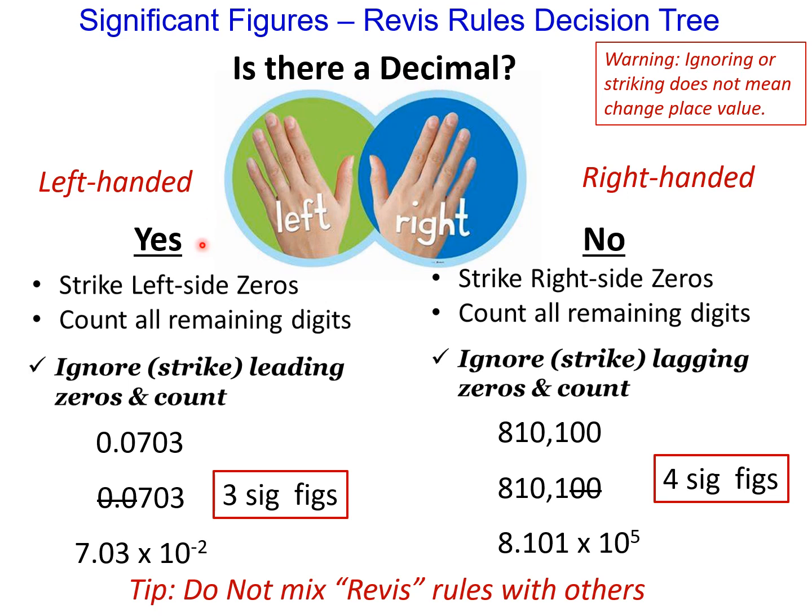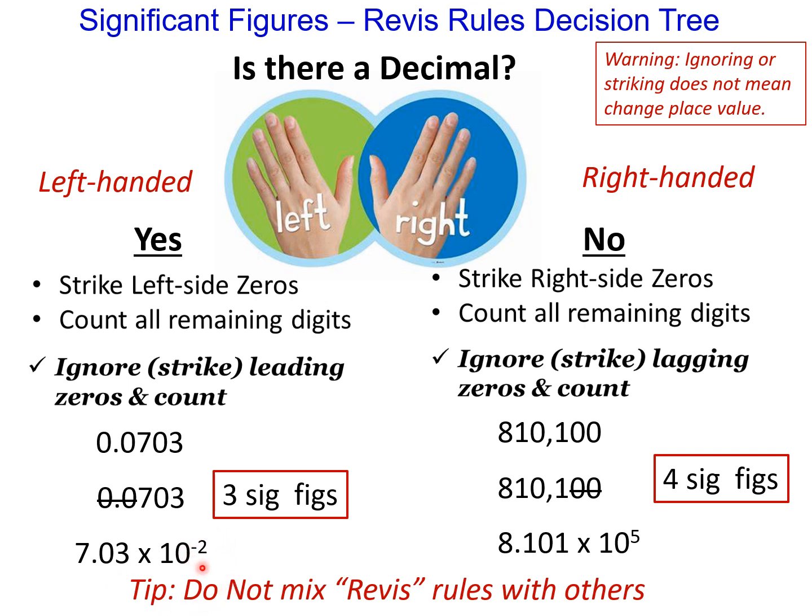If the answer is yes, that's a left-sided strike. So we strike left side. Remember, they're still there, but we ignore them. Okay, ignore or strike the leading zeros and count. In the example here, we ignore the ones on the left and we get 3 sig figs, or 7.03 times 10 to the minus 2, because I must include all 3 sig figs in my scientific notation.